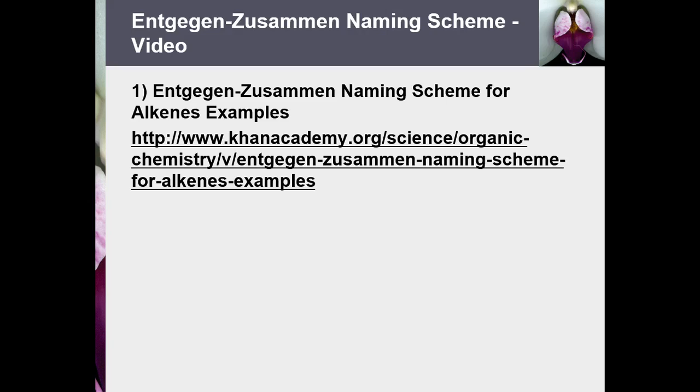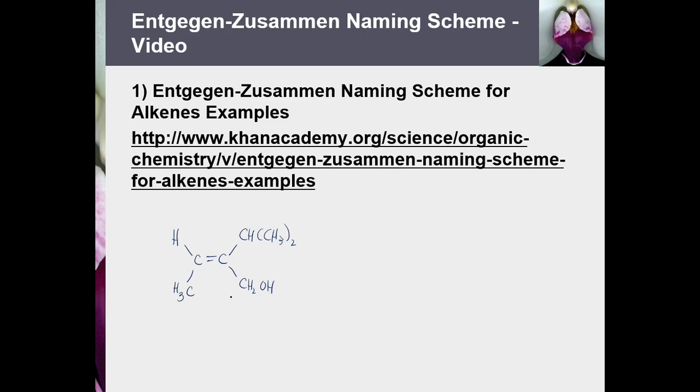So, ito yung video for the naming of the E-Z naming scheme. So, let me give an example pala muna before we proceed. So, we have here, I will draw it. So, yan.